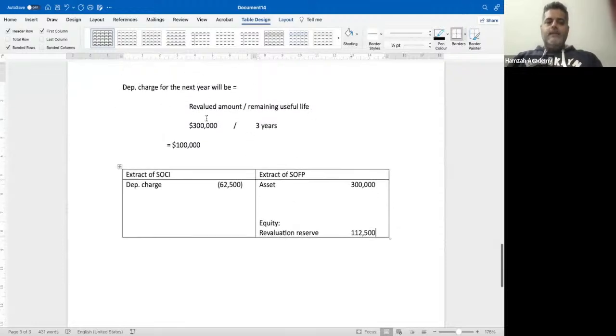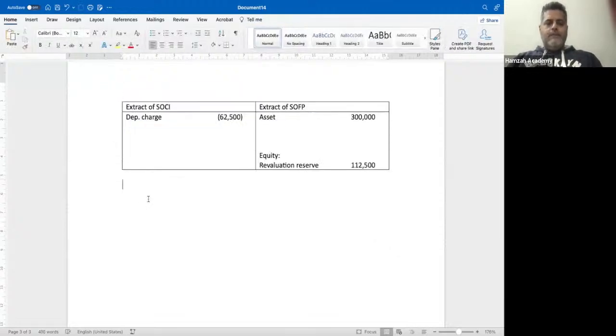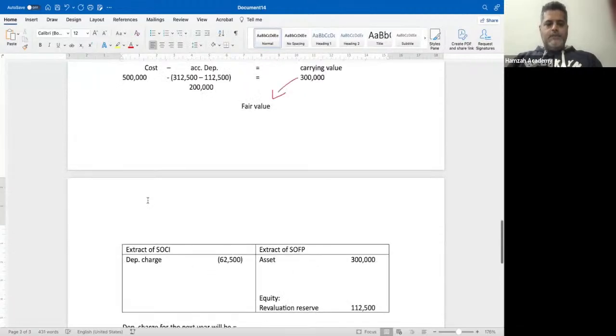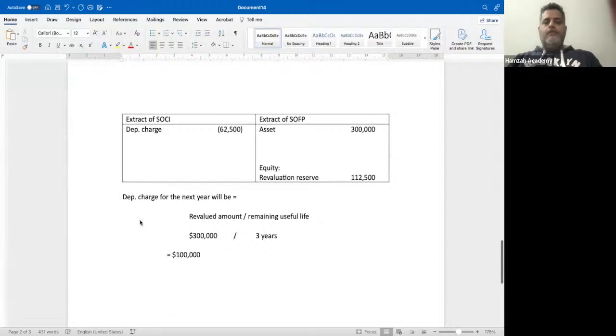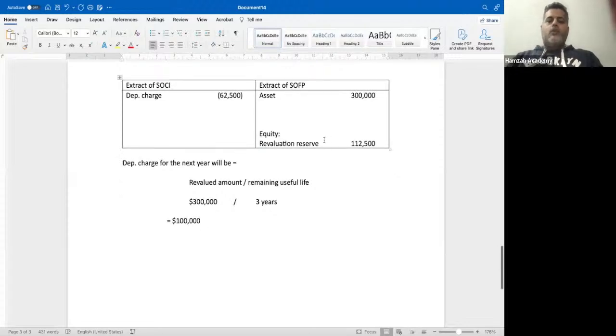Now, the next year, the depreciation charge, if I look over here, let's just cut it down from here and paste it here, because this will be more logical and in sequence. At first we had the charge for the year in which we had the revaluation, and then this is the revalued amount over here, and this is the revaluation reserve now, right? And this asset next year it's going to be depreciated like this, right? Now let's just talk about this revaluation reserve.